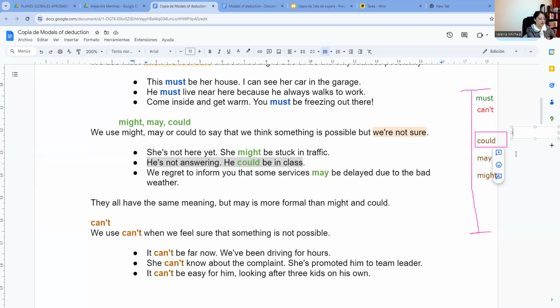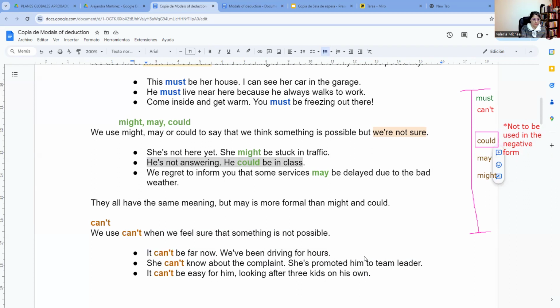Could is the only one that is not to be used in the negative form. Again, I'm talking only about could. So don't think that all of them cannot be used in the negative form. That's a good question, and I had forgotten to mention it, so thank you, Molly, for that.